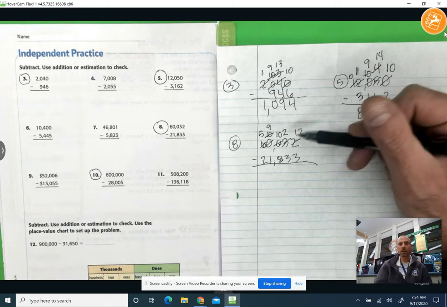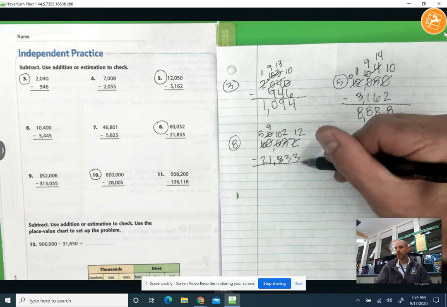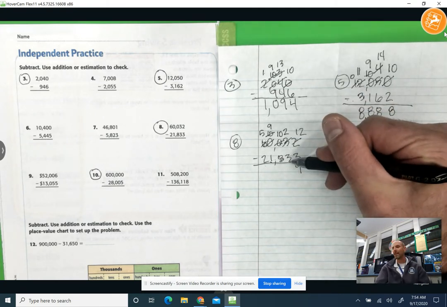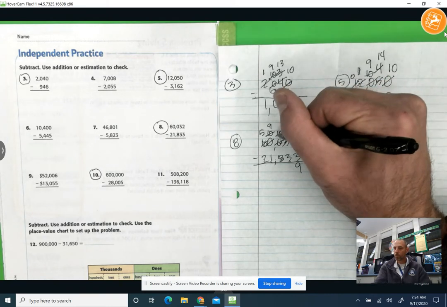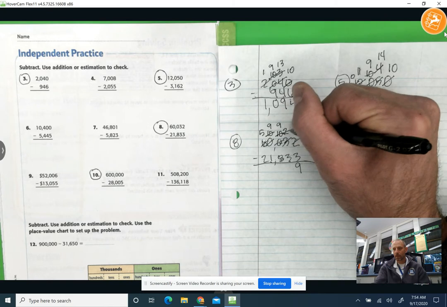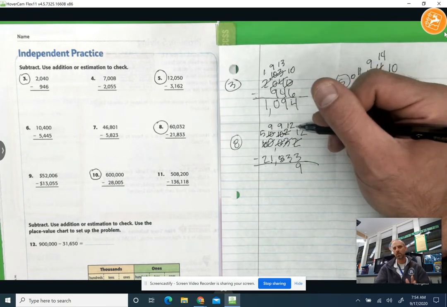And I can start subtraction. I know my tens place is still waiting for me though. 12 minus 3 gets me to 9. 2 minus 3 I cannot do. I'm going to borrow from my 10, becomes a 9, and my 2 becomes a 12. Take it nice and slow.